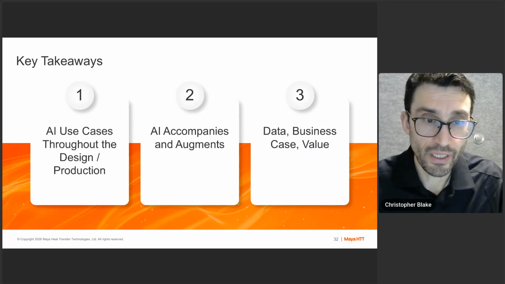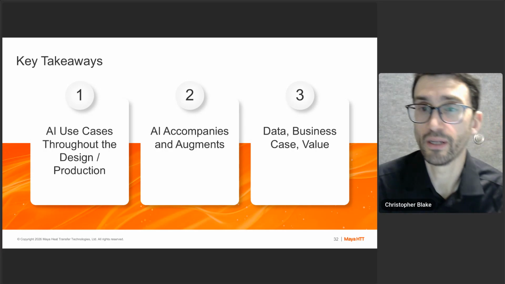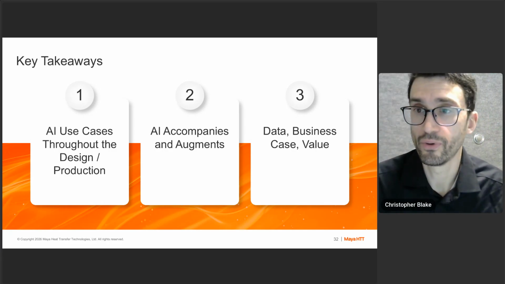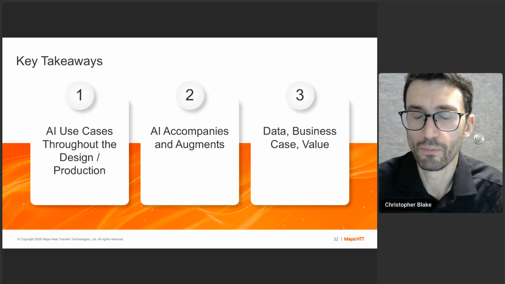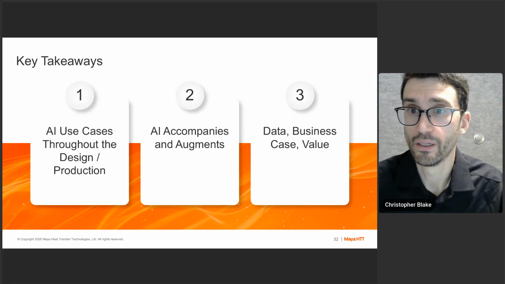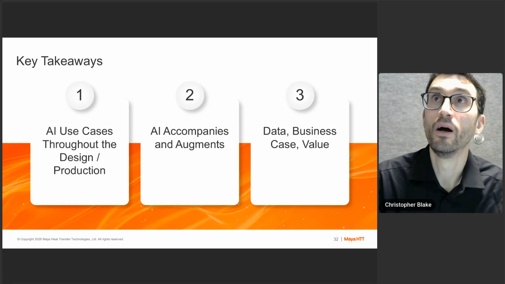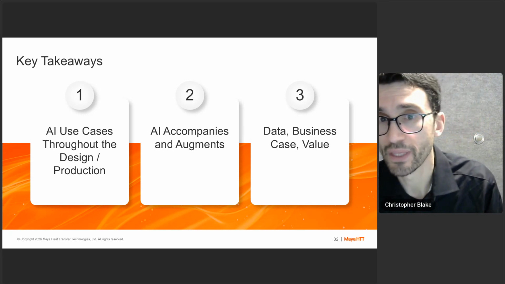So we're approaching the top of the hour. Just want to emphasize the key takeaways. Again, there are a lot of AI use cases that I've gone through, and they touch the different stages of the plastic injection molding business process, from design to process parameter definition to production to maintenance.